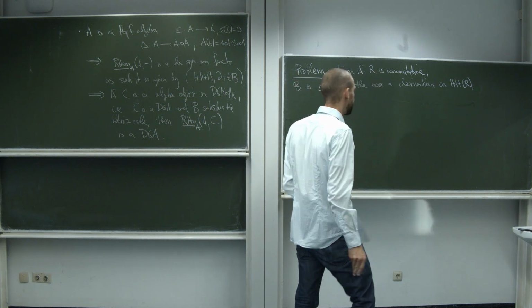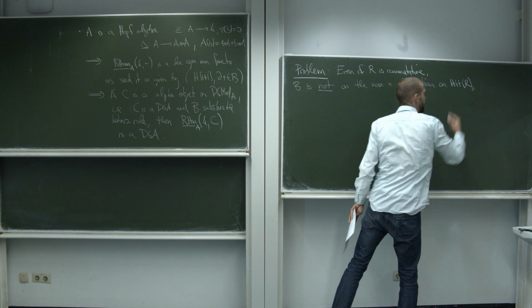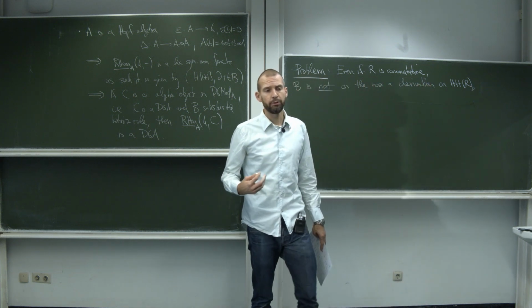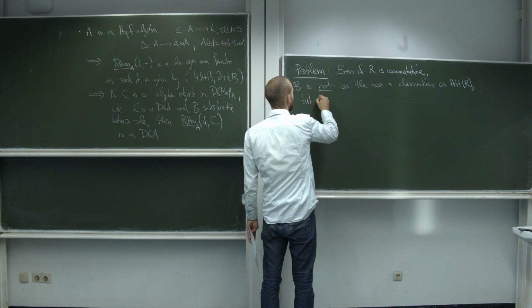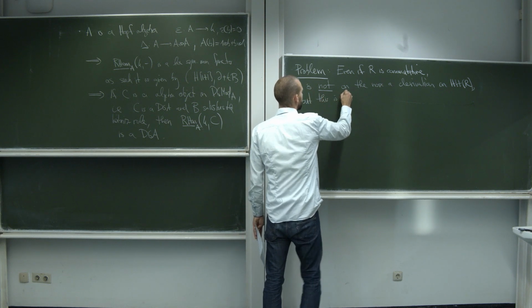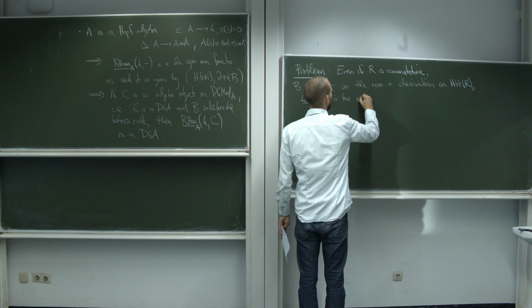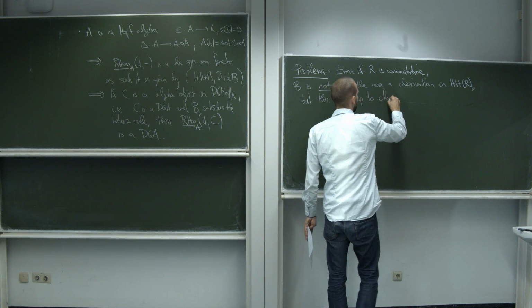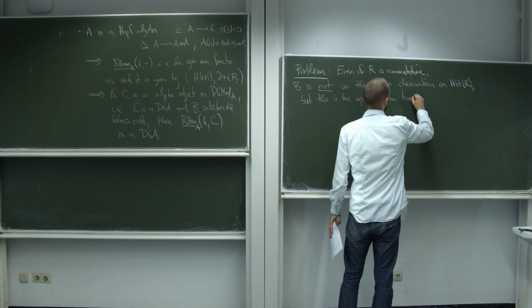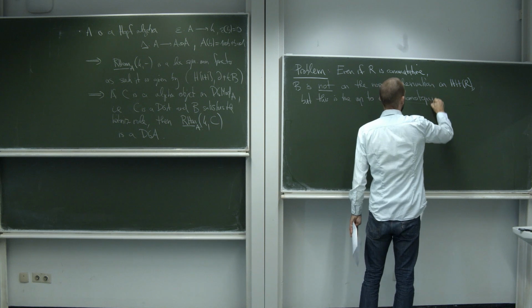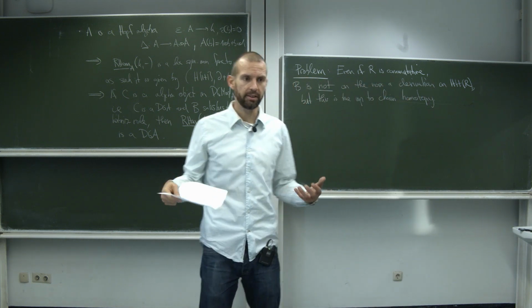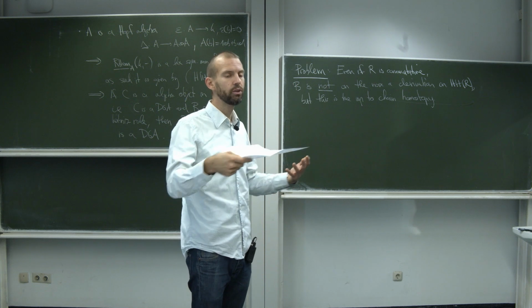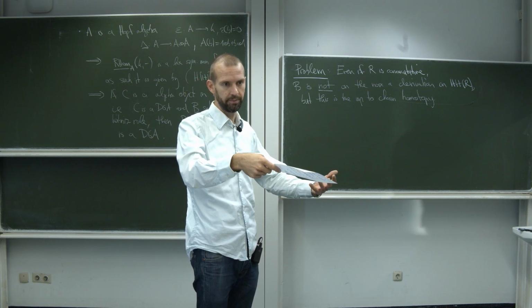Now, there is this fact, which I've mentioned last time briefly already, that this is true up to chain homotopy. What I'm saying is the Leibniz rule fails on the chain complex level on the nose, but it is witnessed by a chain homotopy.